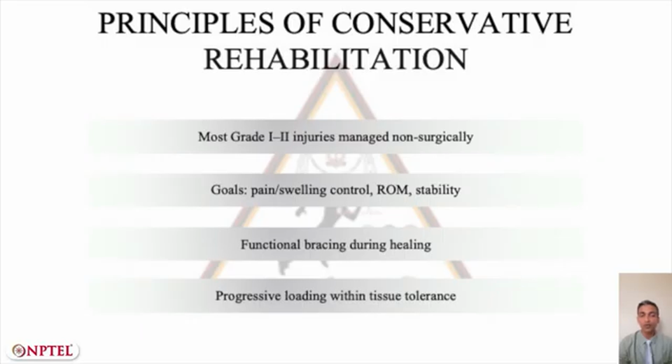I hope you have not forgotten about the police protocol to manage acute injuries. Functional brace is commonly used during the healing phase, and it helps to mobilize the knee joint in pain-free range of motion.